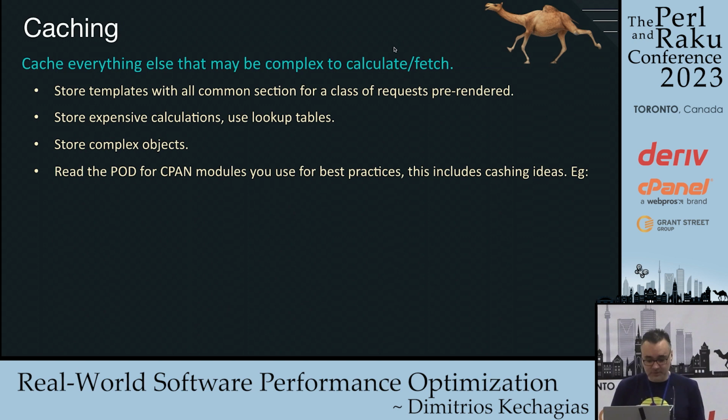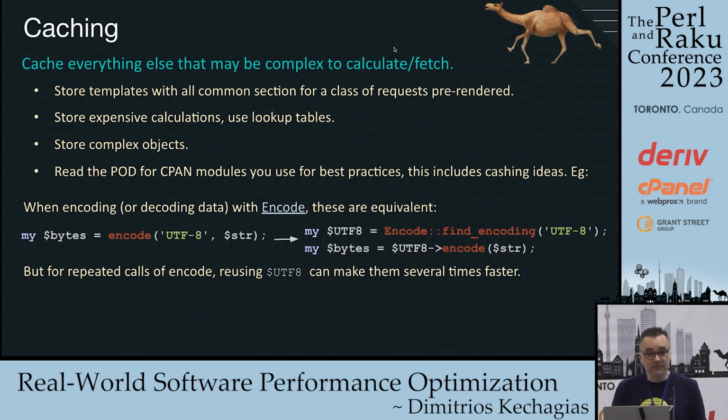You store complex objects. On that, if you read the POD of CPAN modules carefully, they usually have ideas about that. For example, if you use the Encode module, the slowest part of it is opening the encoding files for the encoding you choose. So if you have to encode hundreds of strings to UTF-8 or from UTF-8, you create just one Encode object and then you use it to encode, and it's several times faster.